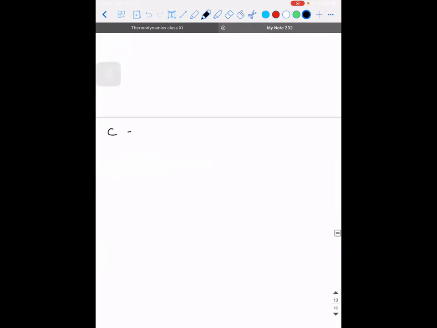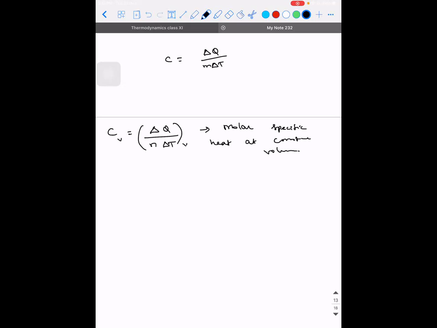So how do I mathematically express specific heat? Generally, specific heat is written as delta Q divided by m delta T, right? So molar specific heat, how am I supposed to represent it? Delta Q divided by the number of moles n multiplied by delta T, with mass replaced by the number of moles. Accepted? So if I add a suffix V, then this is the value of molar specific heat at constant volume.